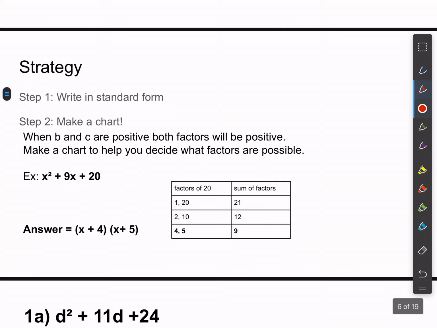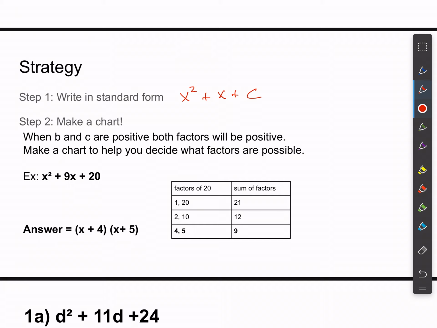So here is the strategy. Step 1, we write things in standard form, which means we put things in order of degree. So typically it's going to be some kind of an x squared term plus or minus some x term plus or minus some constant term, which is just a number. Okay, step 2, we're going to make a chart.